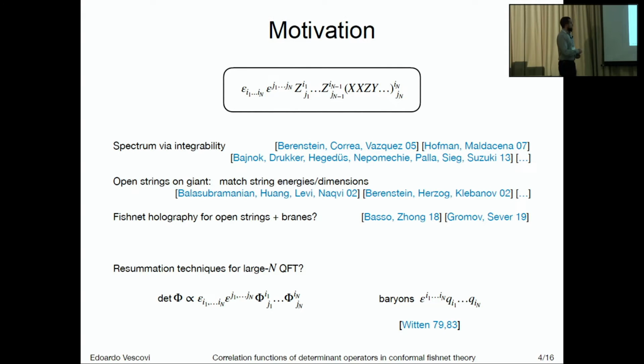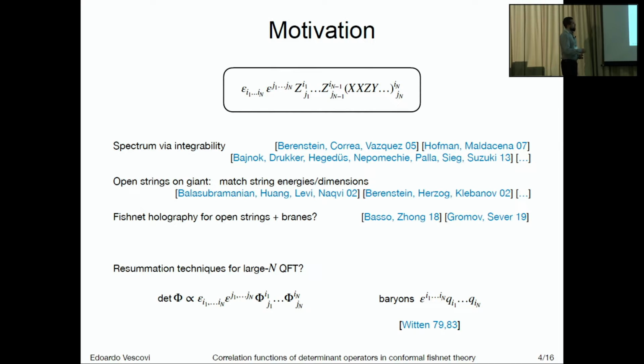The last point is more generic, is about large N quantum field theories. It stems from the analogy, the similarities that we have between determinants of scalars, with matter in the adjoint, and baryons, like in large N QCD, where you have matter. These are color singlets of quarks, so particles in the fundamental.